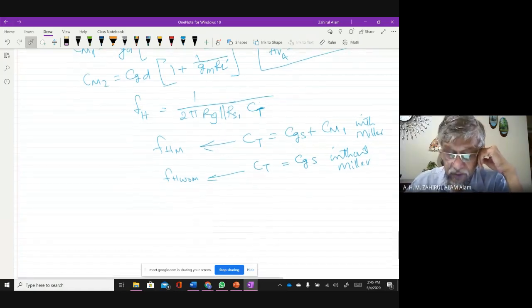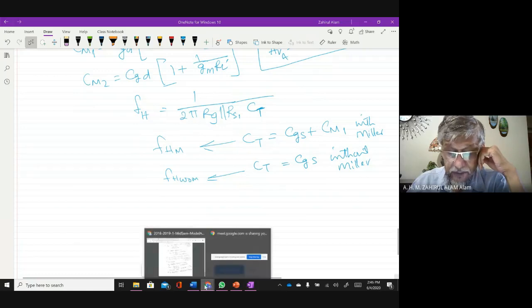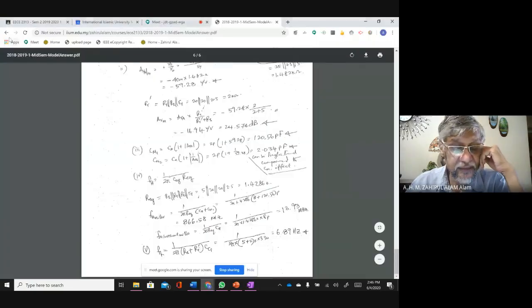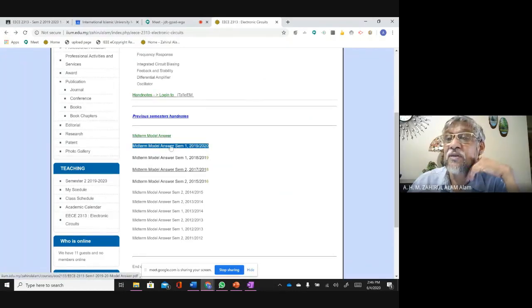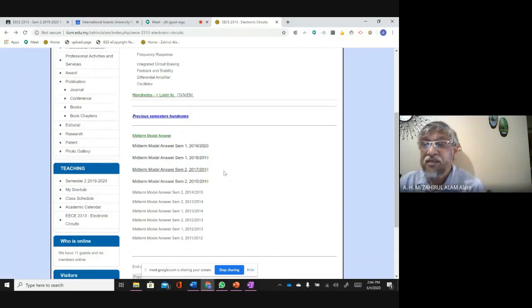If you go through my website, it shows some questions regarding short circuit current gain, and this question regarding Miller's theorem. I don't check, you can check the other model answers also. Okay.